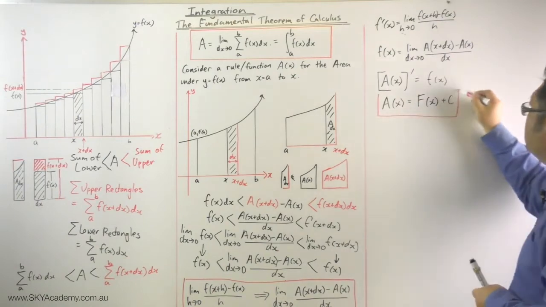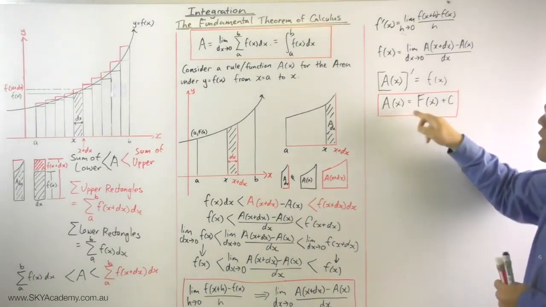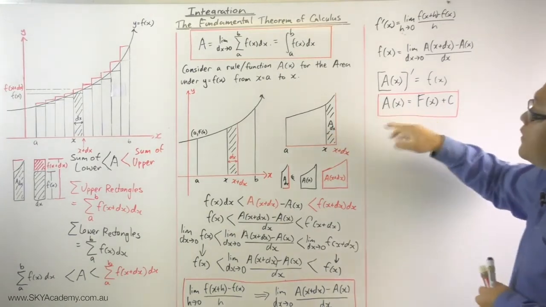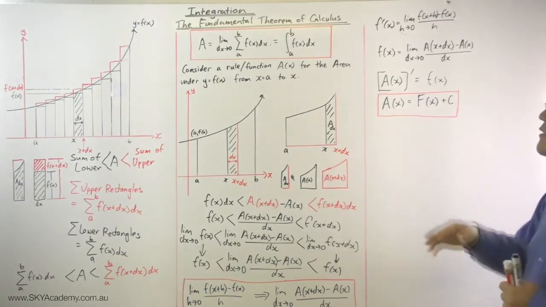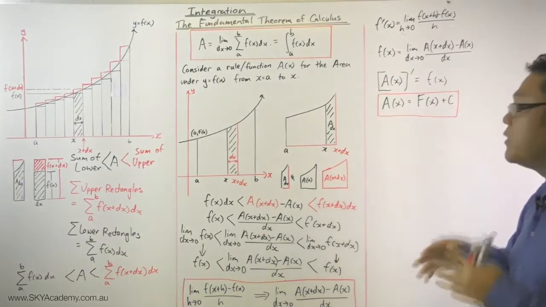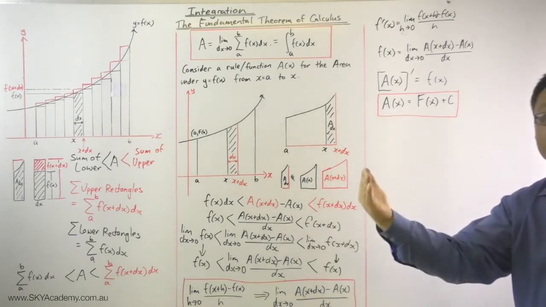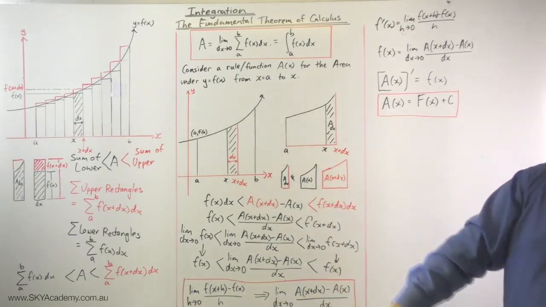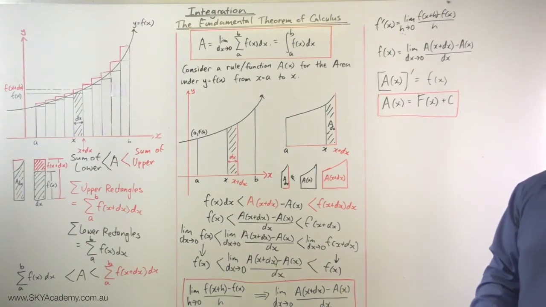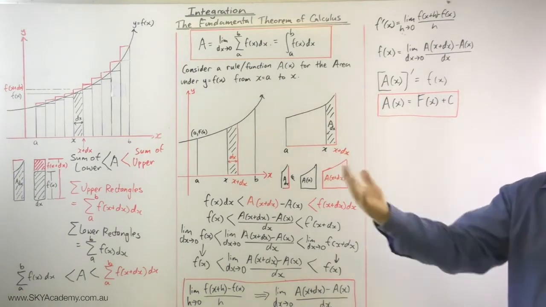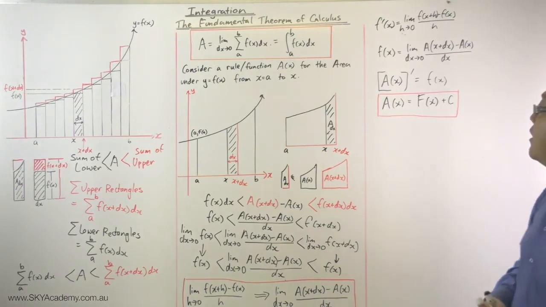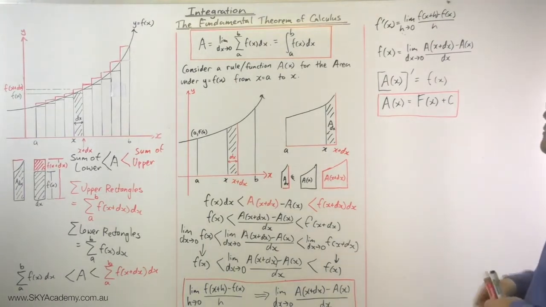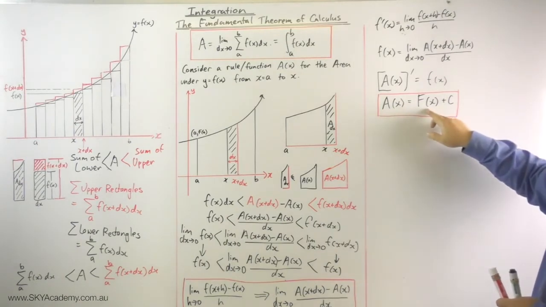The rule to find the area under the curve is actually the antiderivative of the function. In other words, integration, finding the area under the curve, is exactly the opposite of differentiation, which is finding the gradient function of the curve. They're actually opposites of each other, like multiplication is the opposite of division, and division is the opposite of multiplication. So that's basically what's going on.